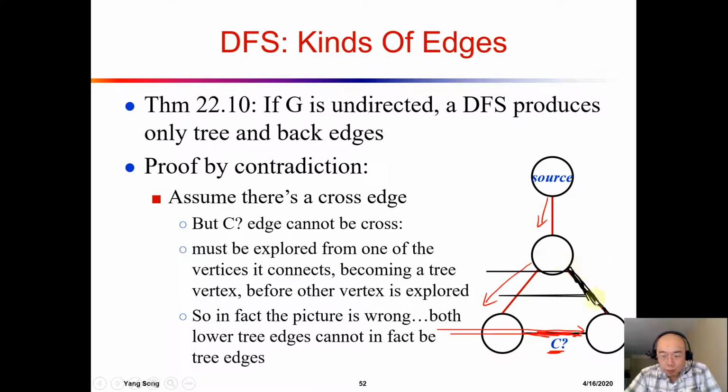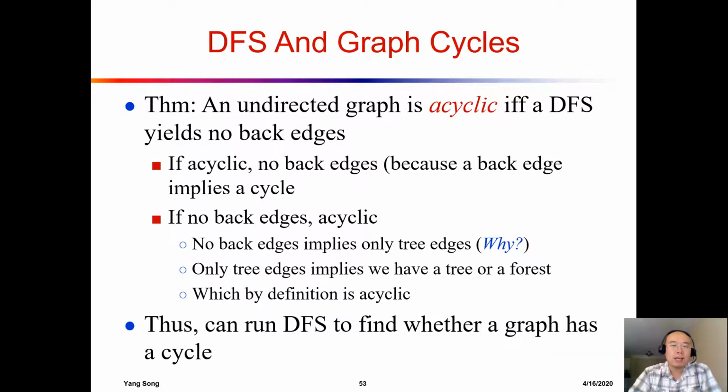And for this one, this is a black edge, and then there's no argument. It's not a cross edge, it's not a forward edge. It has to be a black edge. So this can prove theorem 20.10, saying if we are running the DFS on an undirected graph, we will end up with only tree edges and black edges.